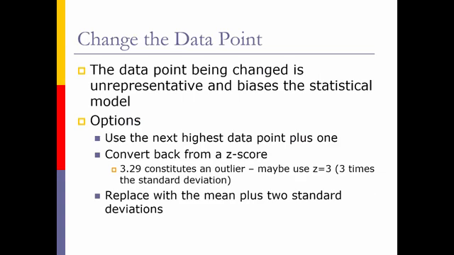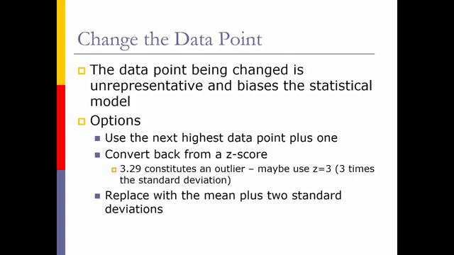Now that data point that you don't like, that you want to change, the only reason you should change it is because it's unrepresentative and it's biasing the model. What can you do? Well, you can say, well, what's my next highest data point? And I just add 1 to it. You can convert it back from a z-score. So if you have a z-score of a 3.29, you can say, all right, 3.29 is an outlier.